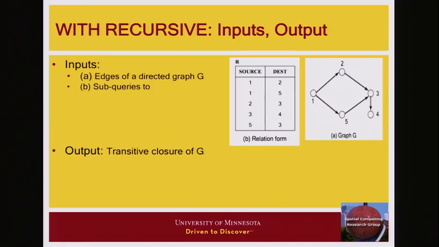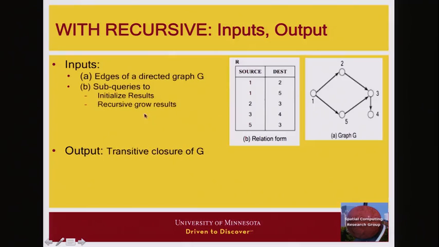But in terms of inputs, with recursive actually takes two additional subqueries. So in other words, it's a nested query. The first subquery describes ways to initialize the result. So we can take this table R as an input and say that the result may be initialized with this table itself or a subset of rows from the table.